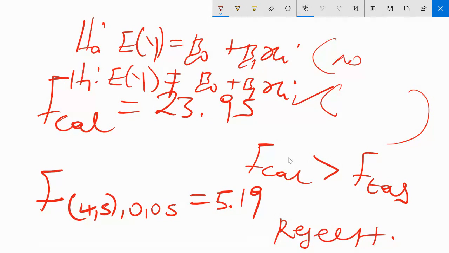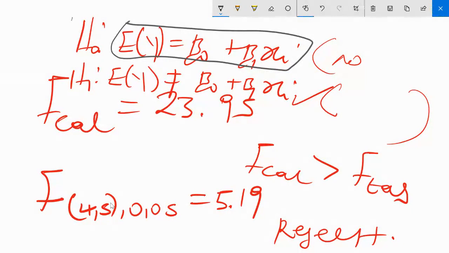Can you please repeat again, sir? Ma'am, we are recording the session. The first one we are saying expected value of y is equal to this, which means the model fits the data well.